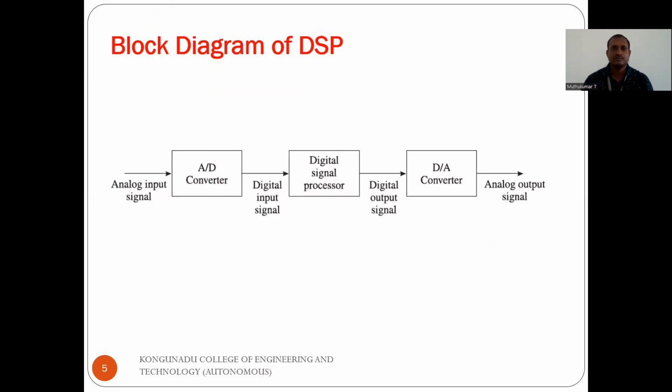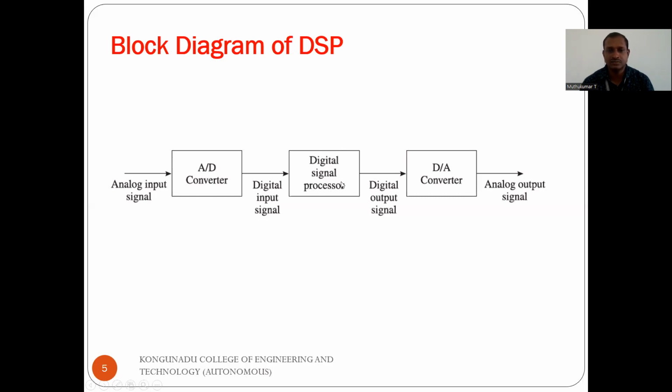This is the basic block diagram of digital signal processing. Here, the analog input is given to the A to D converter, that is the analog to digital converter. The analog to digital converter converts the input analog signal into a digital signal. That digital signal is given to the digital signal processor, where we manipulate or process the signal based on our requirement.